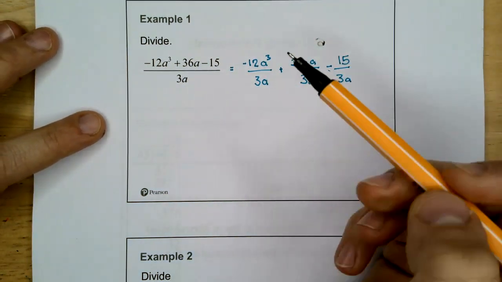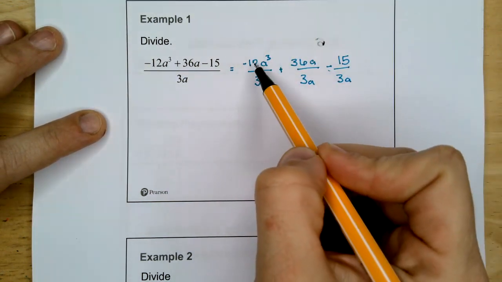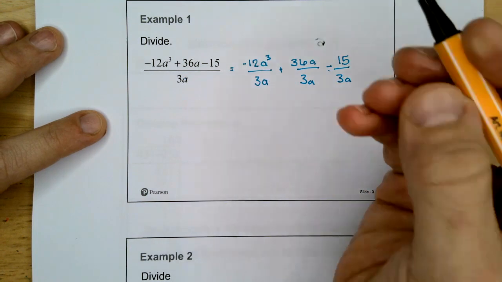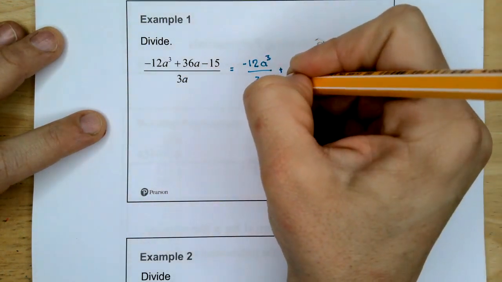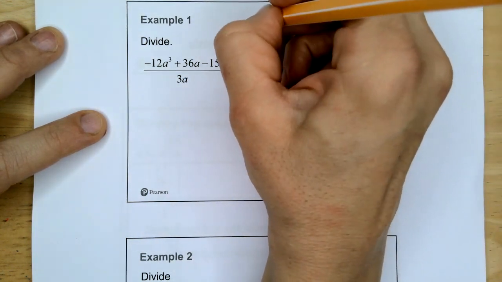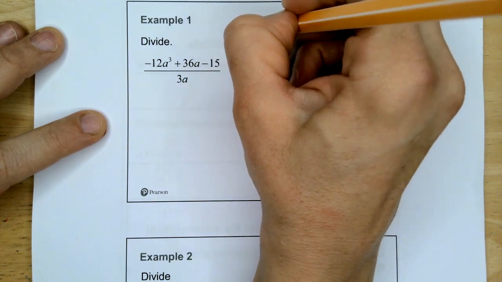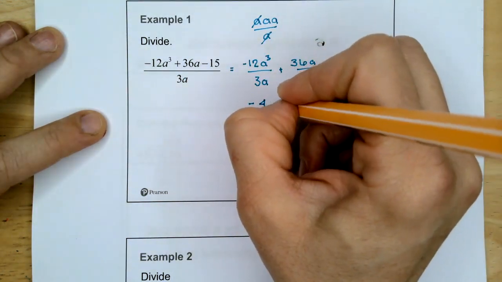All right. So I take negative 12a to the third divided by 3a. 3 goes into negative 12 negative 4 times. A goes into a to the third, a times a times a over a. We can cancel out one of the a's, and we get a squared.